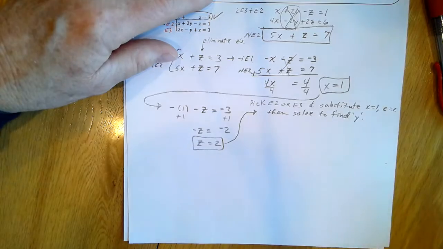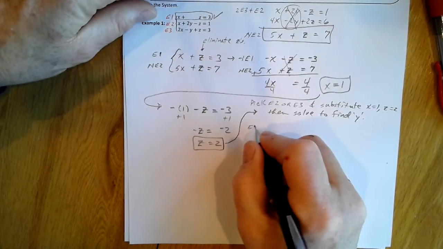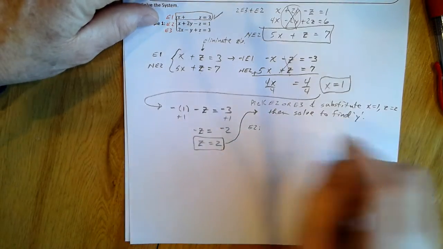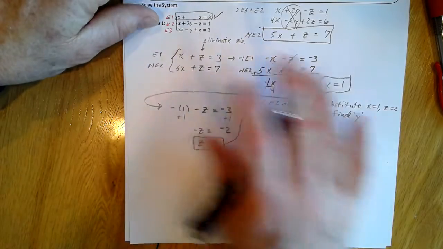So I will solve to find y. I don't care which one. I'm going to pick E2. I just looked up there and said, okay, we'll use E2. It doesn't matter. You can take time to study them, whatever you need to do.